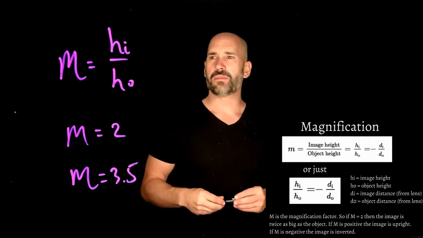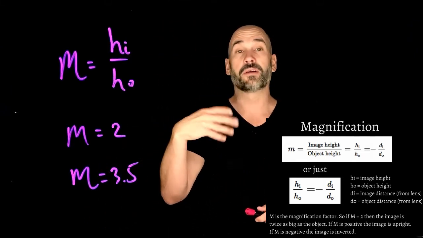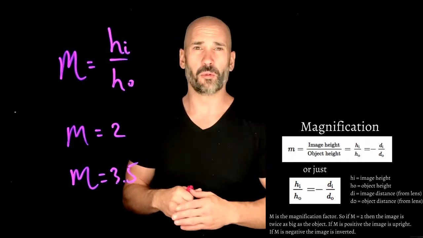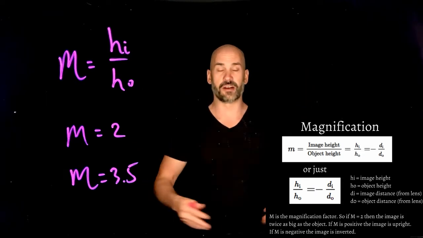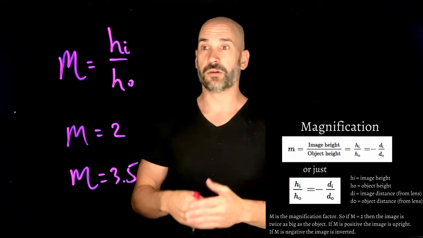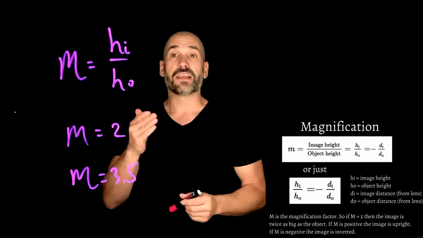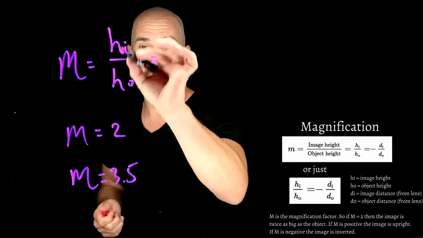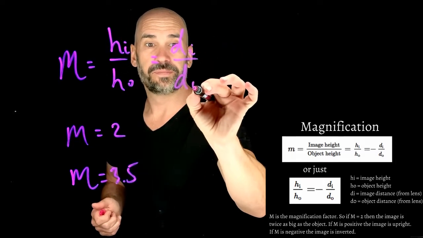Many of you have seen this in terms of microscope eyepieces or objective lenses. It'll be like 1000x, which means it'll seem as though 1000 times larger than the original object was. As we saw in the last video, another way to simply do this is just to say that that ratio is equal to di over do.